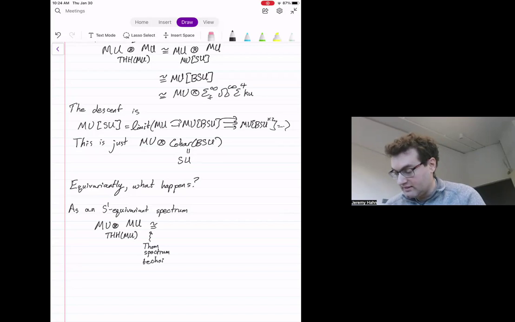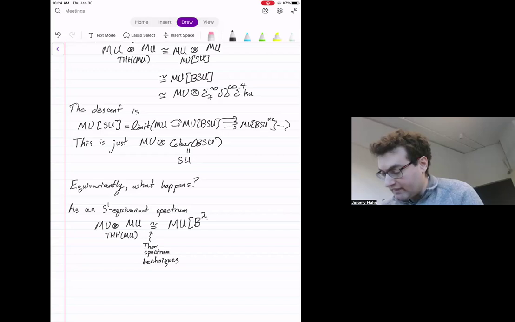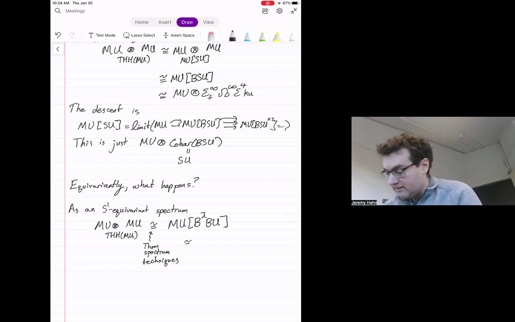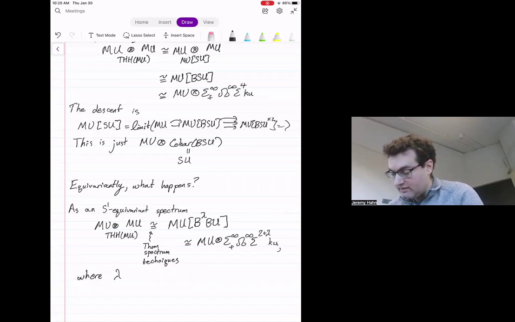Same techniques, the same kinds of things that went into the identification of mu homology of SU. And when you're really careful about tracking the equivariance, what you see is that you get the mu homology of B lambda BU. I'm using that lambda symbol to say something about the equivariance. So if I want to be very concrete, that's mu tensor sigma infinity plus loops infinity suspension of 2 plus lambda of ku. Okay, and here lambda is the standard representation of S1 on the complex numbers.